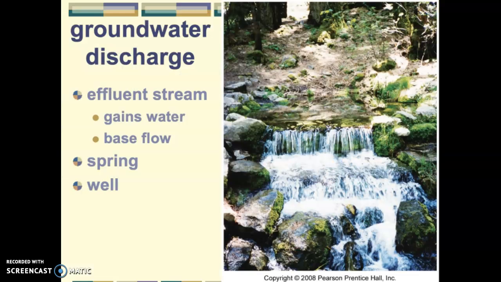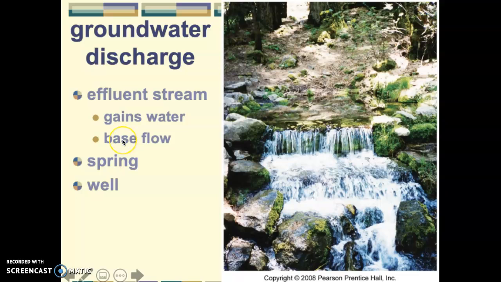So where the groundwater comes out of the ground on its own, we usually call it a spring. So we might say there is a spring-fed creek or just an open spring like this where the water's pouring out. The Illinois River, for example, is an effluent stream or a spring-fed river where water is actually flowing into the banks of the Illinois River.